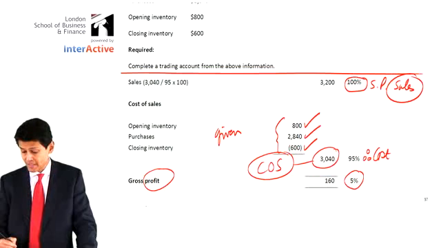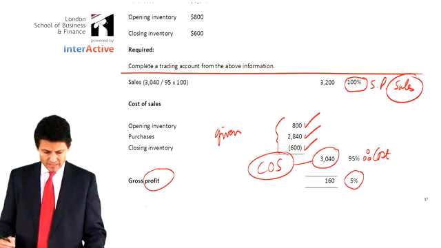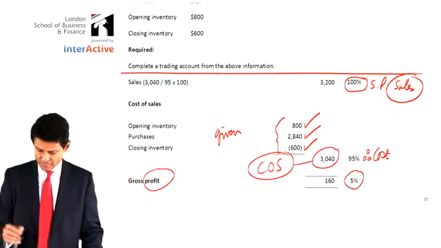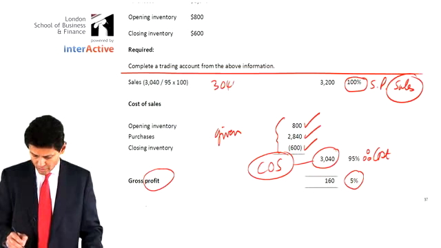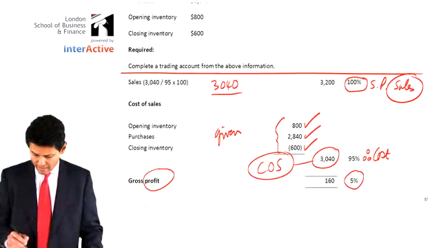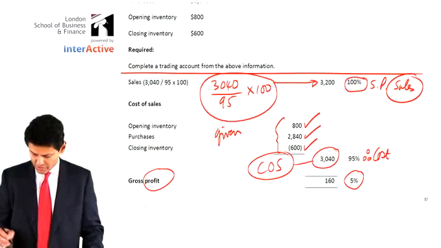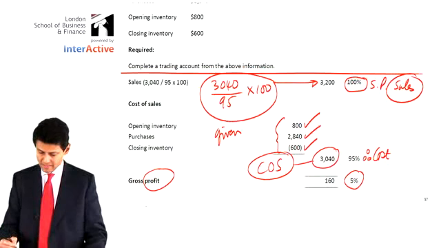If 3040 is 95%, what is the big figure of 3,000? So what we've done is we've taken 3040 and divided by 95 and multiplied by 100. And thereby this figure emerges, and therefore everything just falls into place.